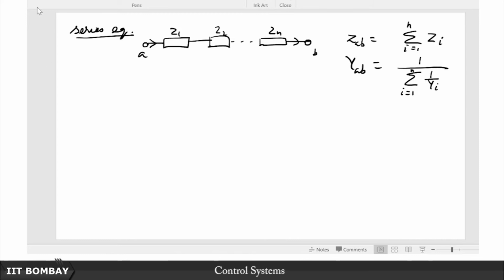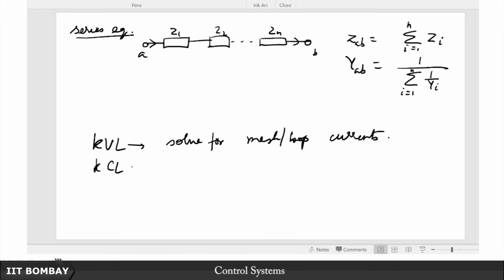Quite contrary to the naming nomenclature, KVL is used to solve for mesh or loop currents, whichever you call it, right, and KCL is used to solve for node voltages.